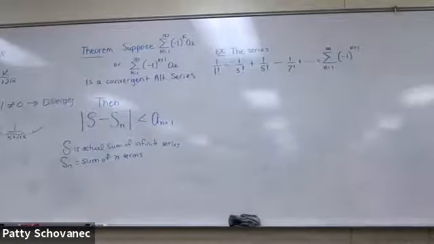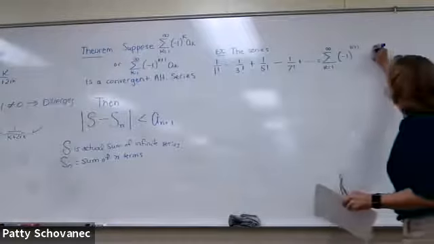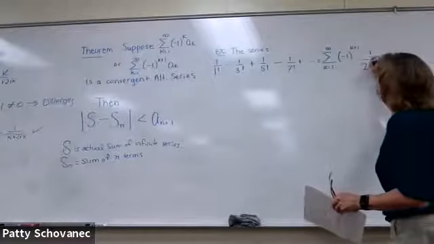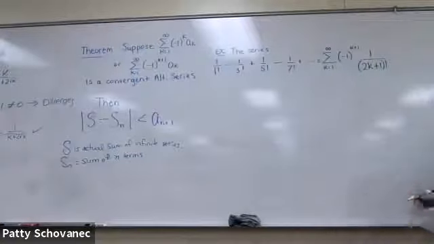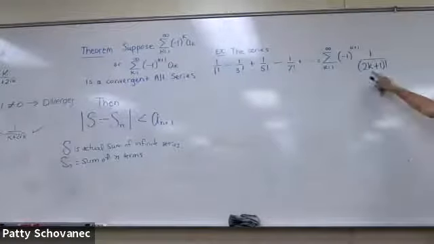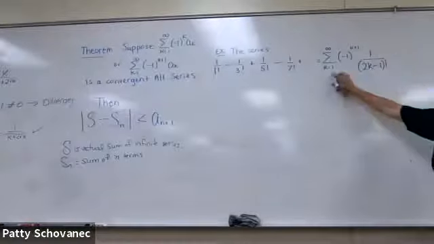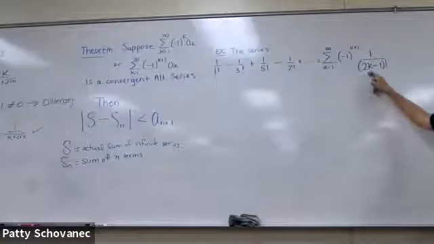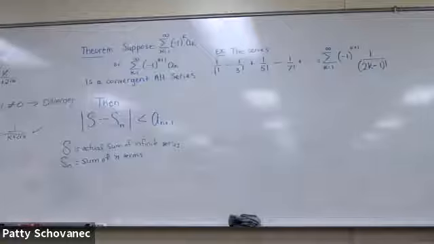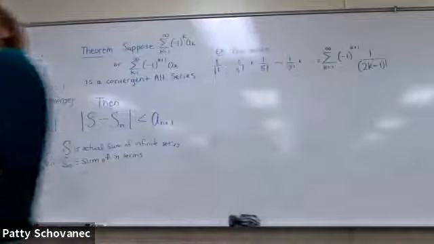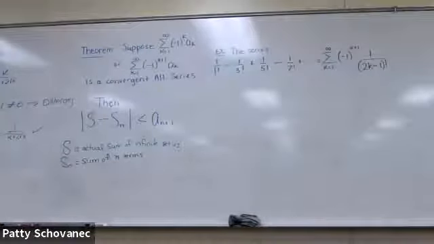And now I've got odd factorials down there. I can write odd factorials as 2k plus 1 factorial. Right? If k is 1, this gives me 3 factorial. Uh-oh, I better start with negative 1. If k is 1, this gives me 1 factorial. If k is 2, it gives me 3 factorial. Yeah, let's do it with the negative 1. That series is convergent as an alternating series.